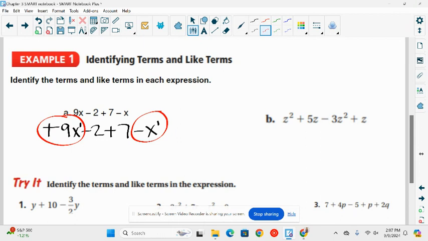Is there anything else that can go with those 2 things? No. So we're going to sort these, and we're going to drag these over to the second bucket over here, and now I've got plus 9x to the first power minus x to the first power. Okay? We got 9x minus x.